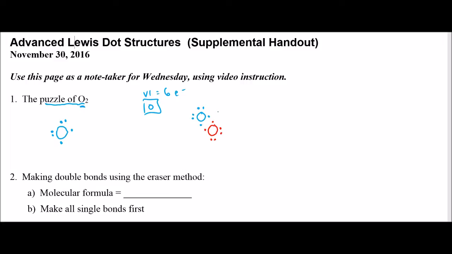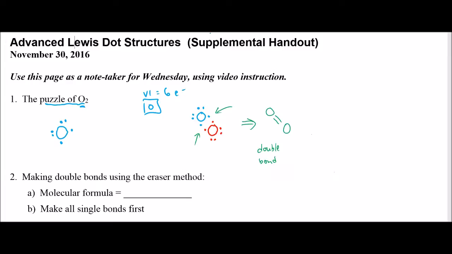Here's where we see the 2 covalent bonds, 1 bond there, 1 bond there. So it's a double bond, and can be written this way: O, 2 lines, another O. So that's a double bond, which you should write on your paper.